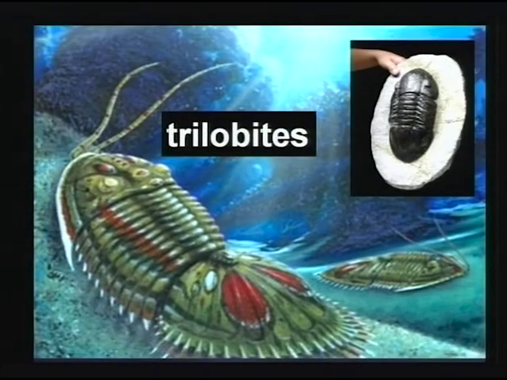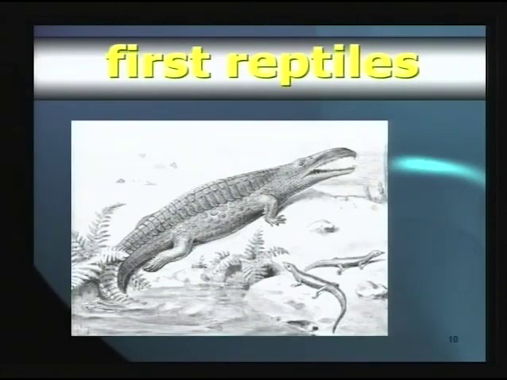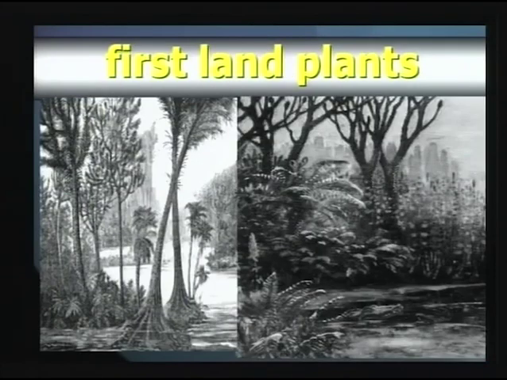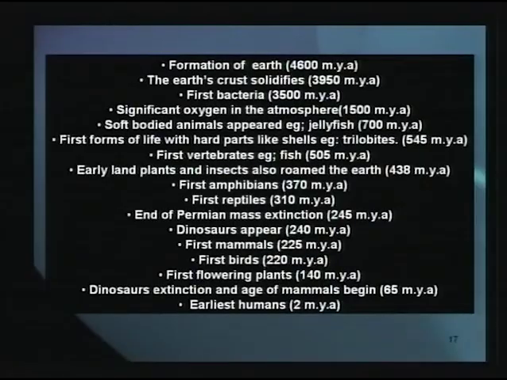All right, I have some pictures to show you of some creatures that appeared a long time ago. Trilobites, an example of one here. Then on your event cards, you saw jellyfish. Next, we have reptiles, first reptiles, land plants, birds, fish, and those are the events that we should have in order on our timeline.